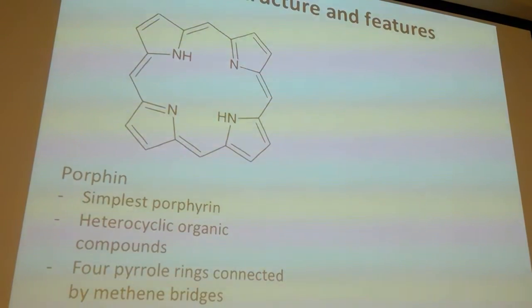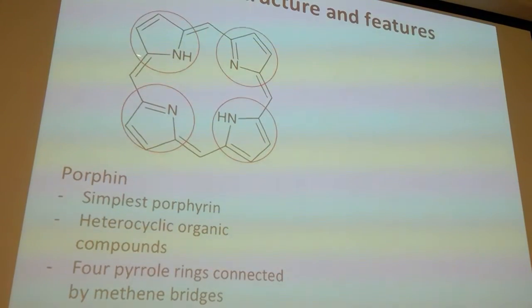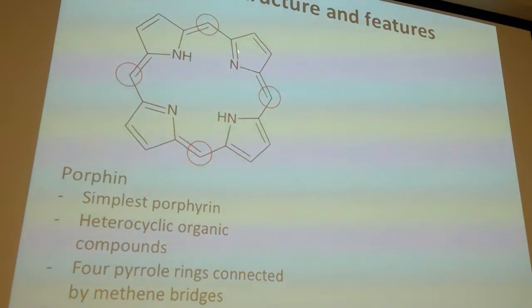And it has these 4 ring structures, which are referred to as pyrrole rings. These are 5-membered rings containing nitrogen. Each of these 4 pyrrole rings are connected by these methane bridges, right? So we form a tetrapyrrole ring. We have 4 pyrrole rings connected by these little methane bridges.